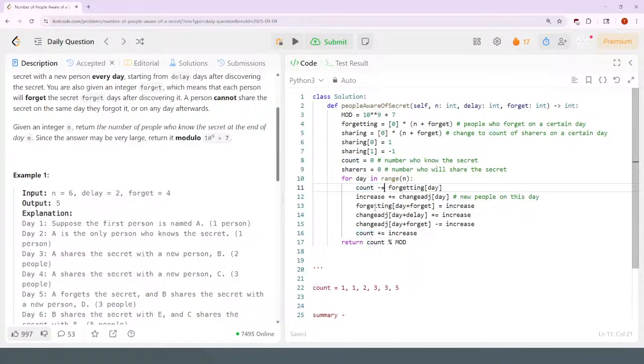So the count of people who know the secret will be subtracted by the number who forget in that day, and the shares will change by the number who are sharing in that day.